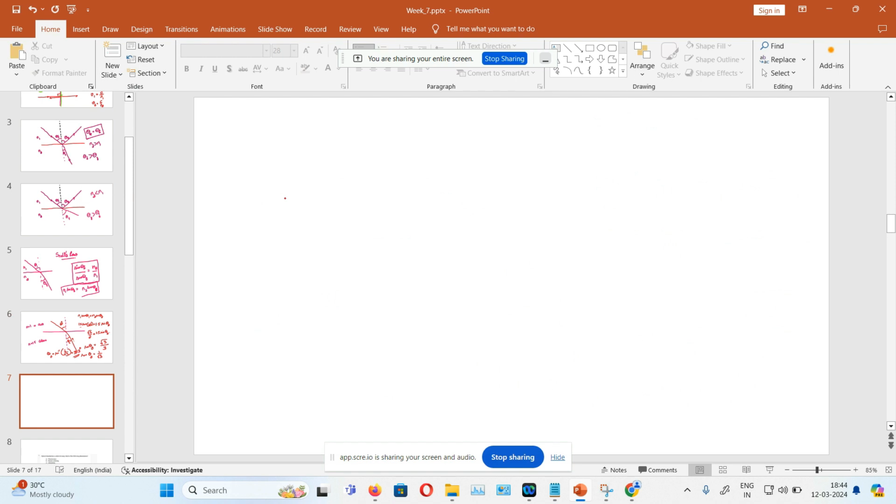What happens when light is traveling from, let it be N1, N2, from a denser medium to a rarer medium? So let N2 be greater than N1. It will bend away from the normal, theta r.